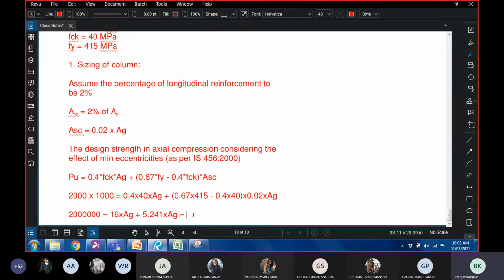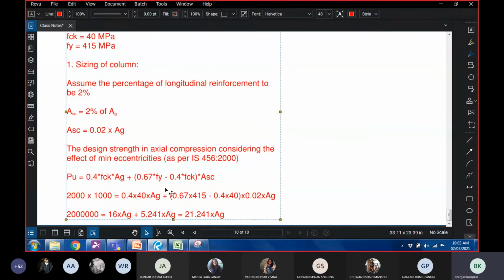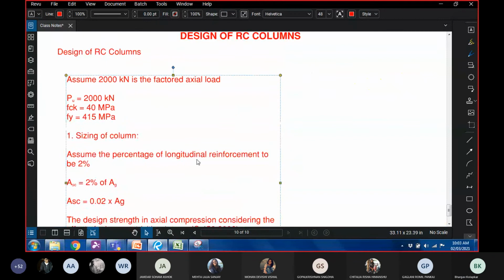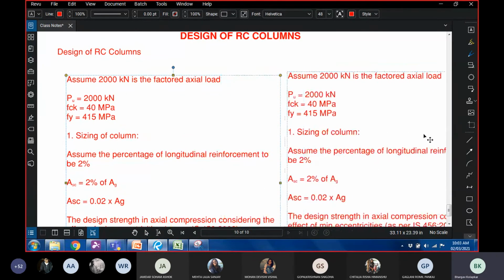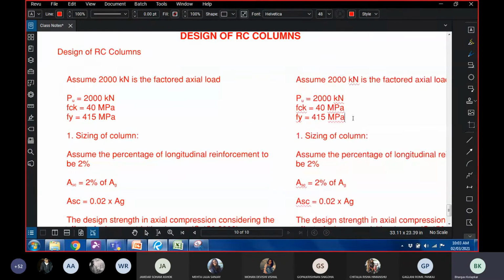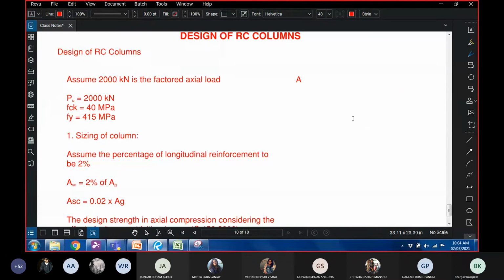So this is equal to 21.241 times AG. Therefore, AG is equal to 2,000,000 divided by 21.241.